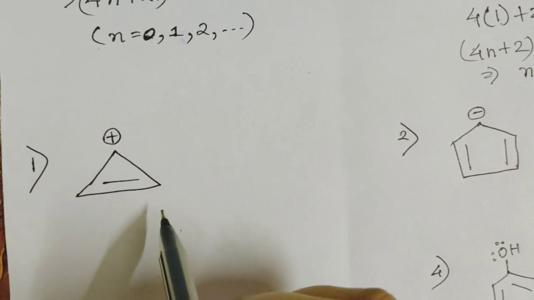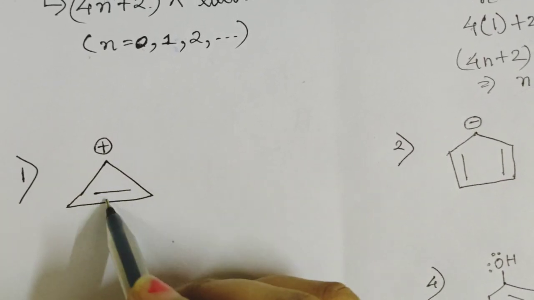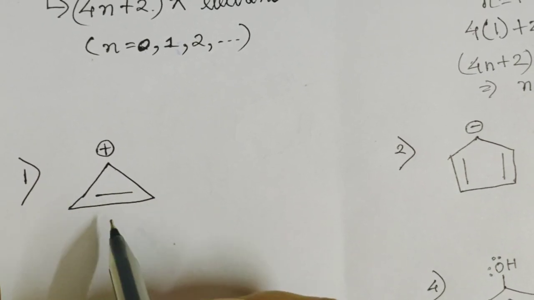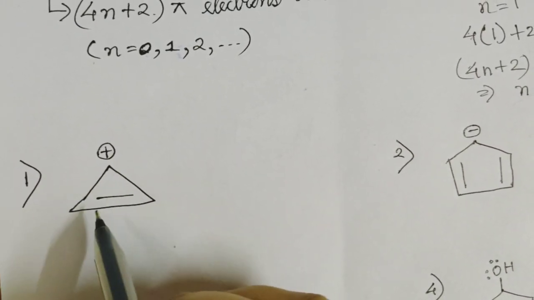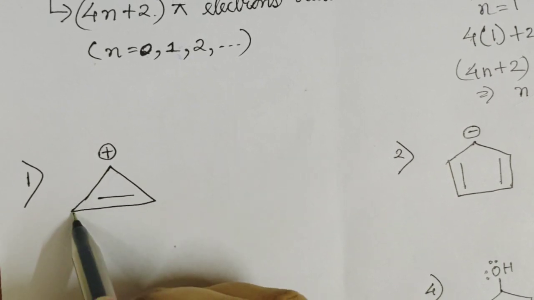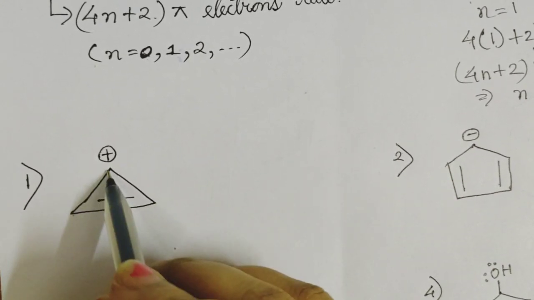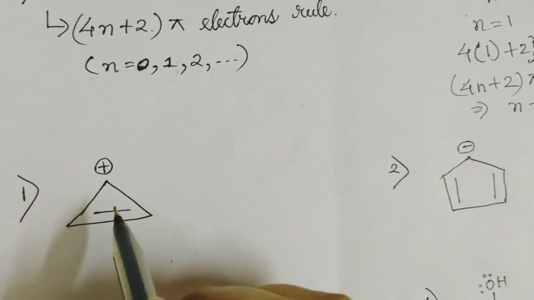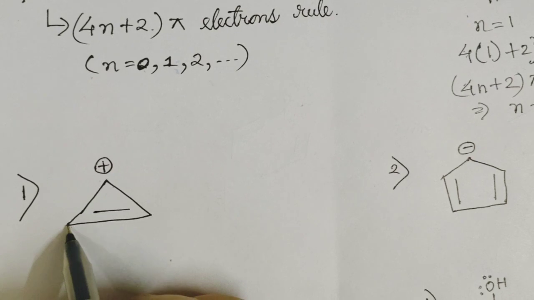So here is a molecule. Now see, this is basically a cyclic ring. A cycle is present. Now every carbon, these are all carbon atoms. So here every carbon is what? sp2 hybridized. How?